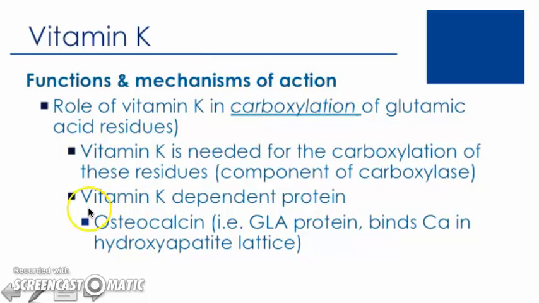A specific protein that will be dependent on this vitamin K dependent carboxylase enzyme will be osteocalcin, also known as GLA protein, involved in binding calcium within the hydroxyapatite lattice. So that we talked about before, that calcium and phosphorus will be the main minerals as component of this hydroxyapatite that makes up in part the structure of bone.